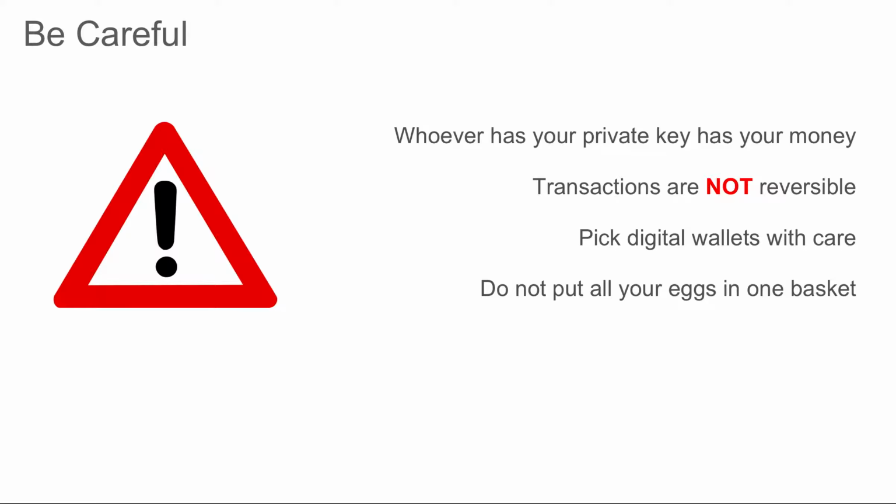Remember when we talked about the Bitcoin locker and the key and the wallet? The only thing that ties you to a Bitcoin locker and whatever it contains is knowledge of the secret key. Whoever knows the secret key has access to those funds. It's similar to a wallet. Whoever has access to that wallet will have access to the funds in the address. So just keep that in mind.